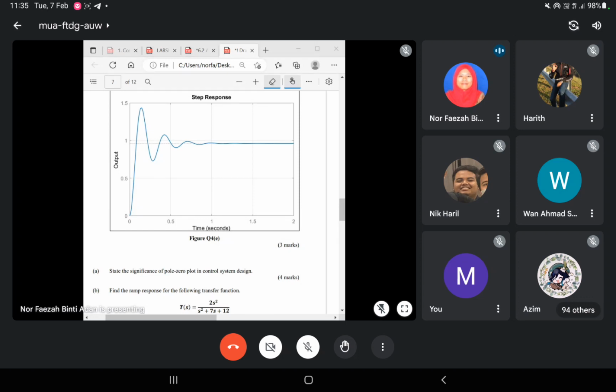So ni saya buka nota lah kot. Soalan ni ada soalan lain tak? Saya boleh tunjuk. Sekejap ya.